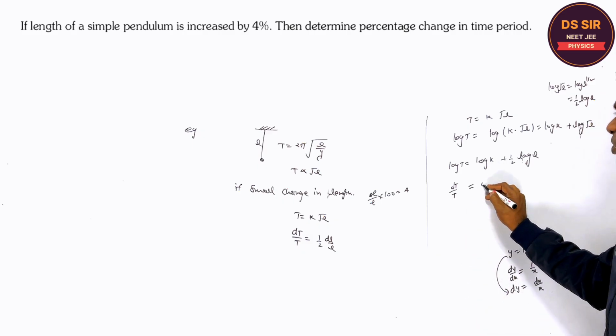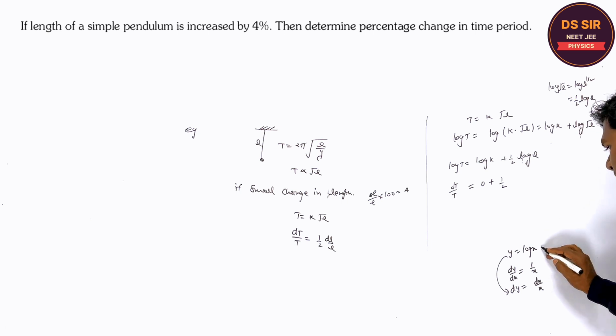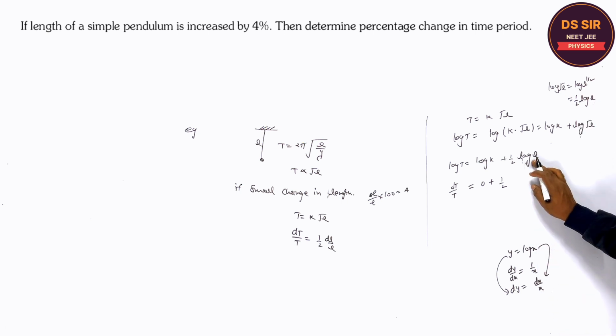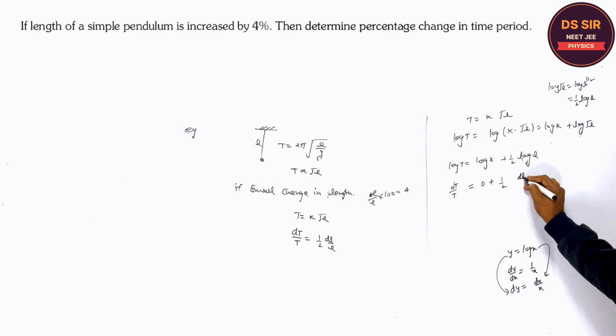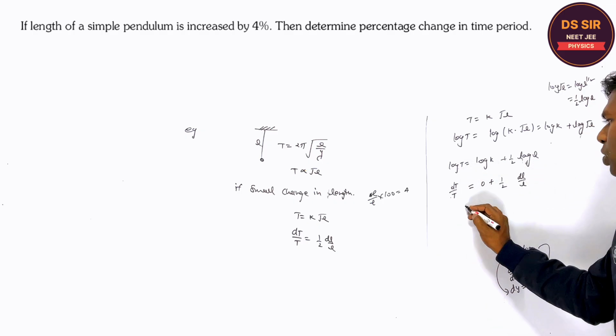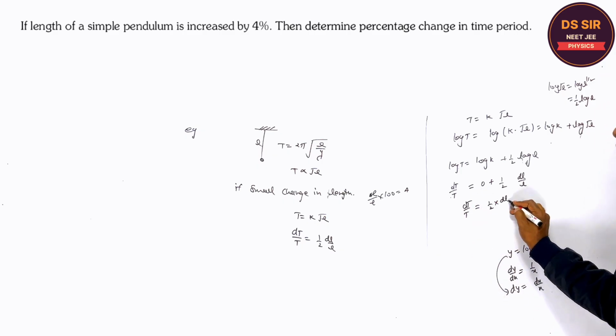The differentiation of a constant is 0. This is 1 by 2 log L, as the log x differentiation is dx upon x, so the log L differentiation is dL upon L. Log T differentiation is dT upon T. So here we will get dT upon T is equal to 1 by 2 dL upon L.